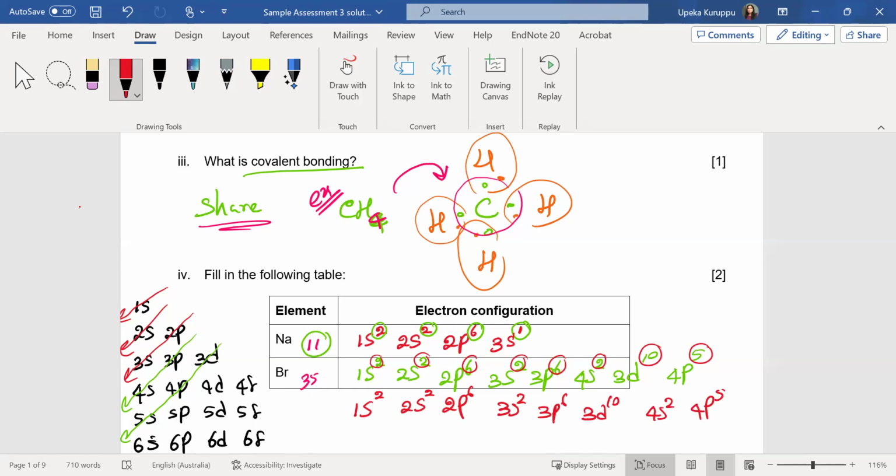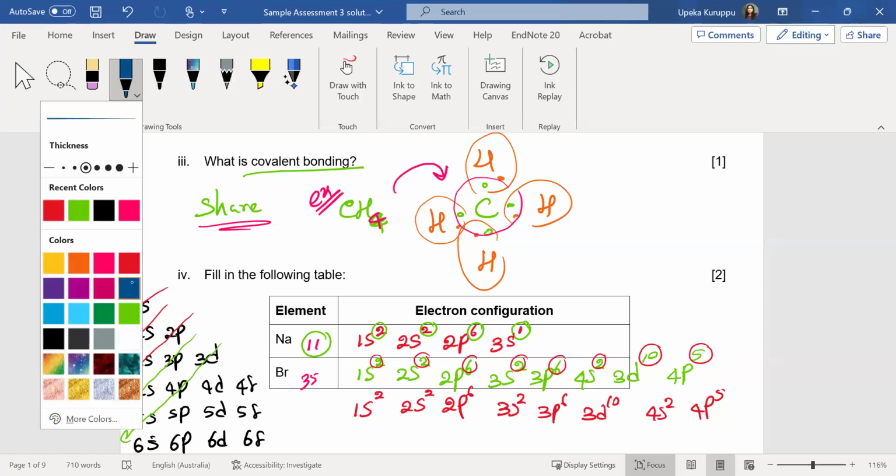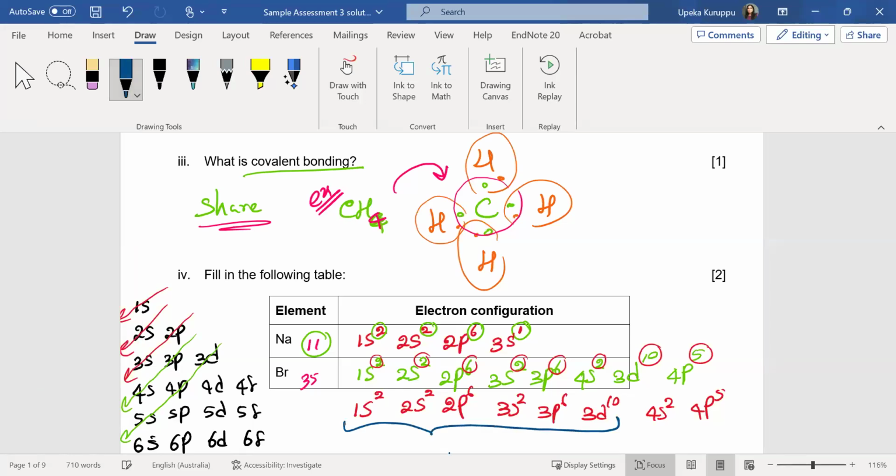Is that right? Have I done anything wrong? Whenever we have a long electron configuration, we can make it shorter. How can we make it shorter? You can see that up to the third shell is fully filled. Am I right?